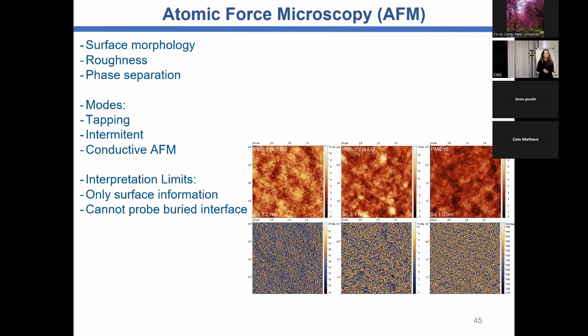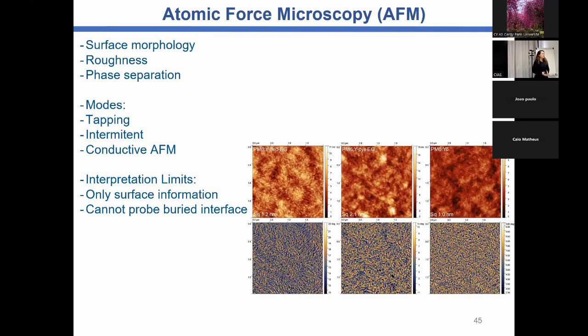equipment that you can apply voltage, for instance, and also correlate the difference in the voltage of the tip in your sample, and see how this voltage they conduct in terms of morphology.